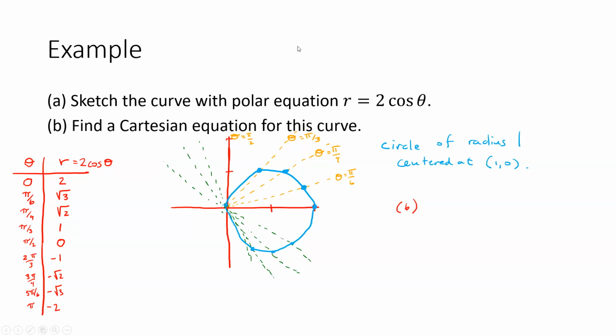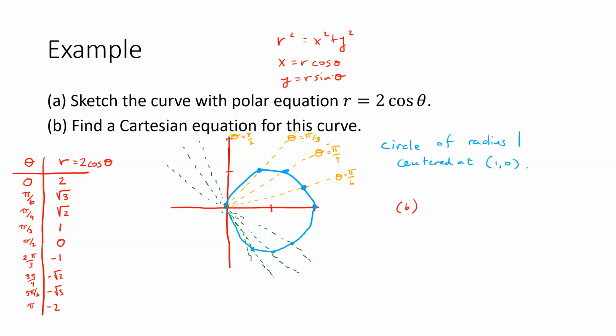So remember that we know that r squared equals x squared plus y squared, and we know that x is equal to r cosine theta, and y is equal to r sine theta. So how can we use these equations now to convert this equation into its Cartesian form?